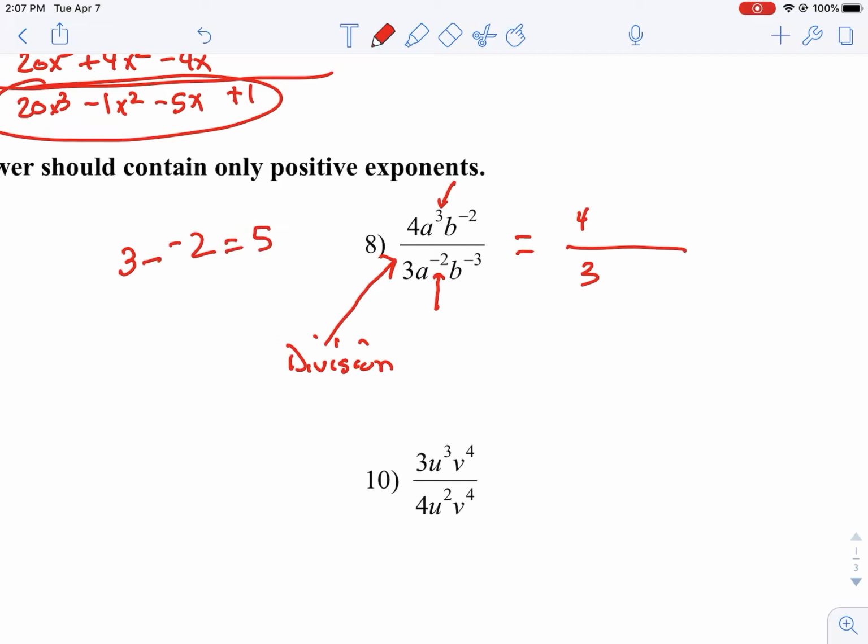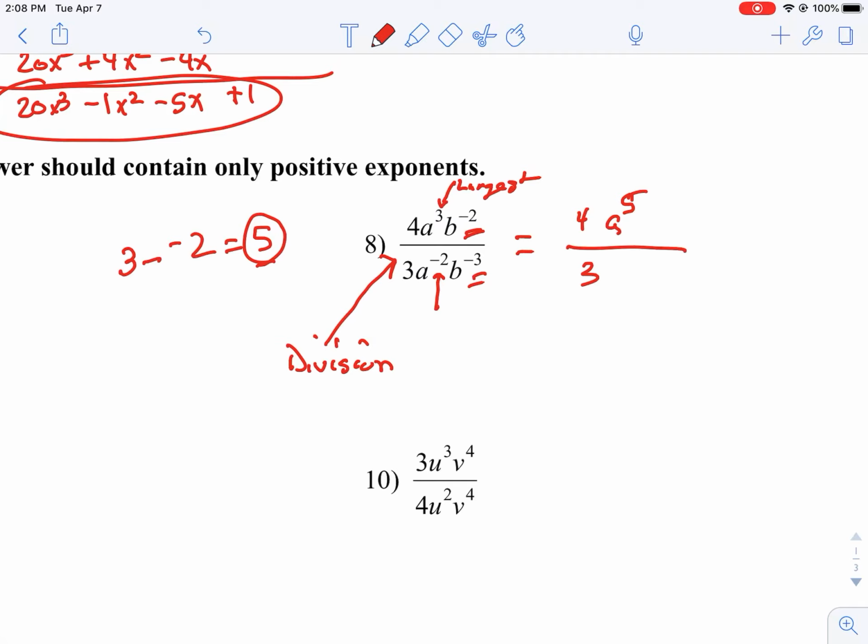And that actually, if you do it on your calculator, gets you a positive 5. That means the A will have a positive 5 as an exponent, and it'll be on top, because the largest A was on top, A to the third. So it becomes A to the 5th.